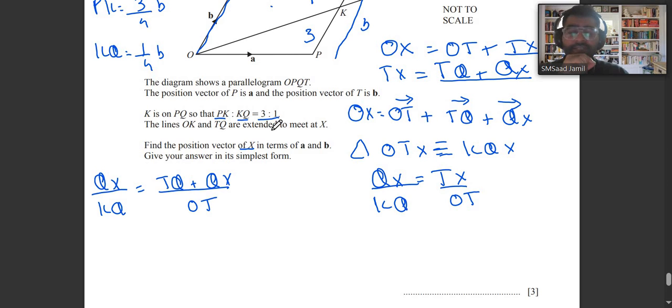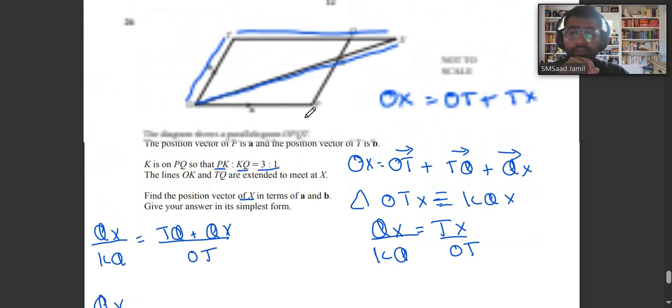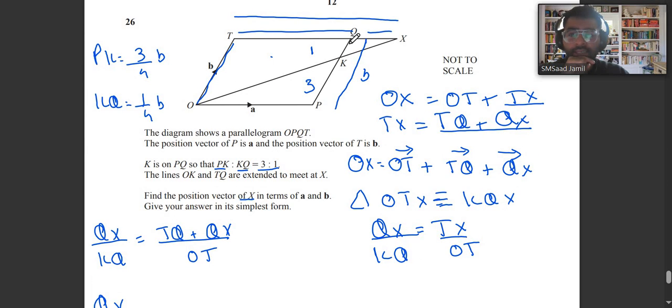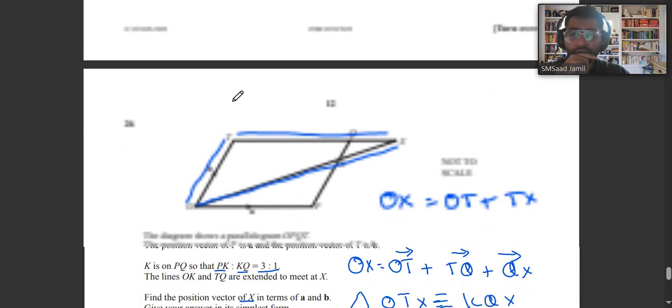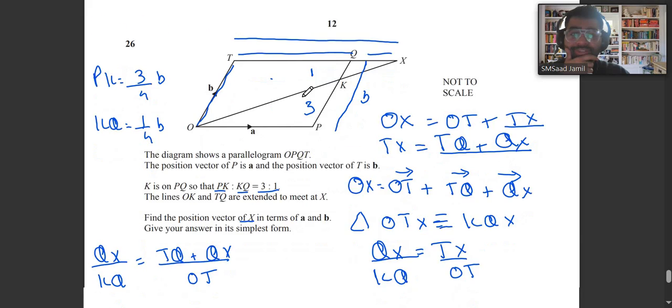So in our next step, we will start writing down the values. QX upon KQ. We already know the value of KQ, basically KQ is 1/4 b. This whole thing is TQ, and TQ is the same as a.